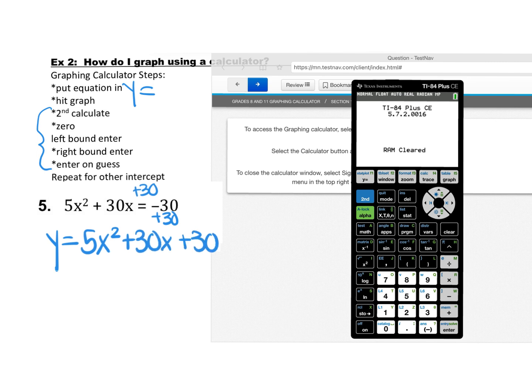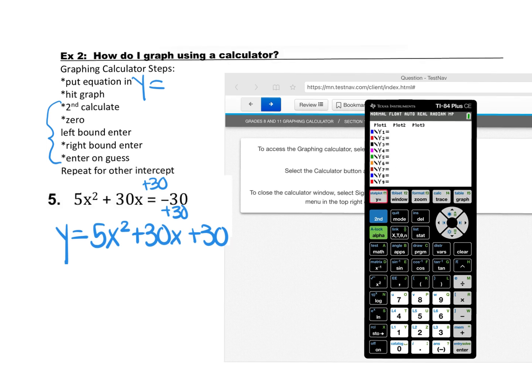All right, so again, y is equal to 5, and then to get our x, we're going to do alpha x, and now squared, plus 30 alpha x plus 30.